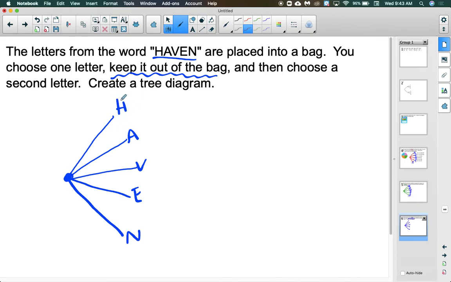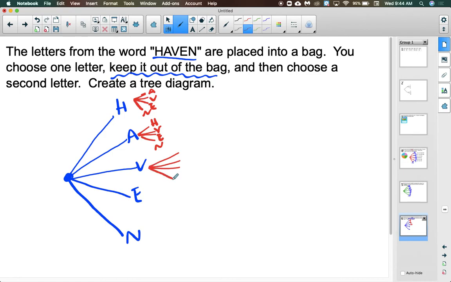In this case, I picked an H first. So that means for my second pick, I don't have an H. In this case, I picked the letter A first. So that means the H is back in the bag and the A is not in the bag. So you are going to get letters H, V, E, or N. The third option here, I picked the letter V first.